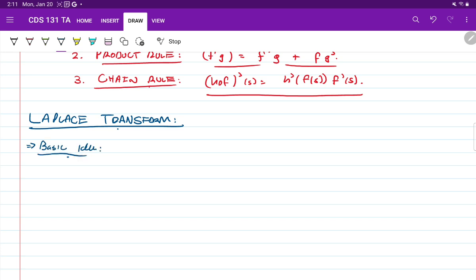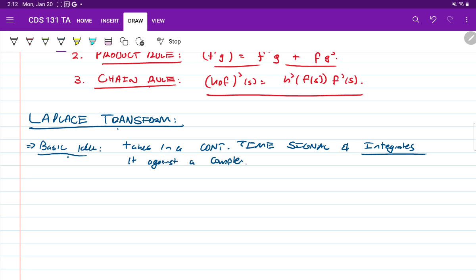The Laplace transform is a transform on continuous time signals. So it takes in a continuous time signal and integrates it against a complex valued function to produce a complex function, where this new complex function is called the transform.